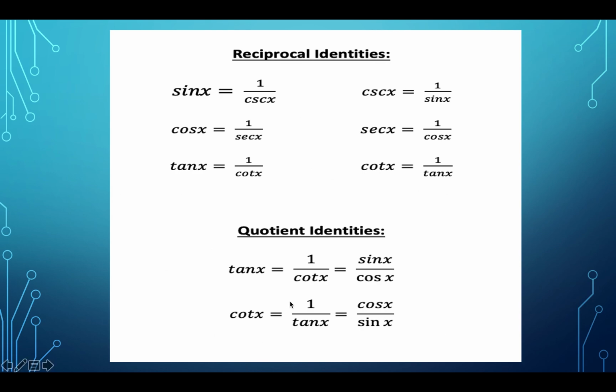You can either rewrite tan of x as 1 over cotan x or sine x over cos x. And you can also write cotan x as 1 over tan x or cos over sine of x. The reason being, you can have multiple ways to write tan x or cotan x, so you have some options for which one you want to use, and depending on the problem, we're going to go over which one you're going to end up using.